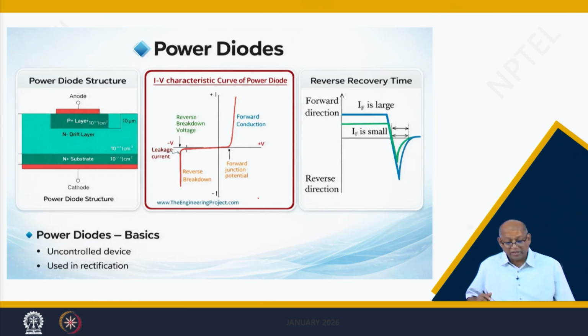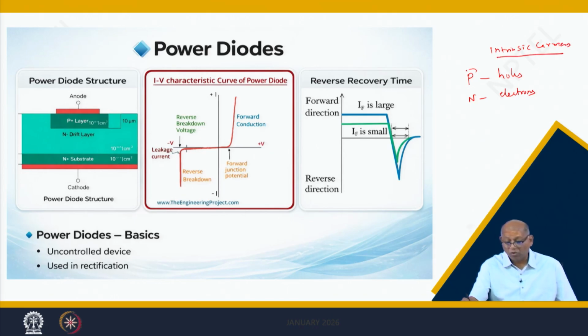Power diodes, as you know, are p-n junctions. You can see there is a p and there is an n. The n is actually graded, with a higher n concentration. The semiconductor has a p type and an n type. P type semiconductors are basically holes and n type are electrons. These are called intrinsic carriers.